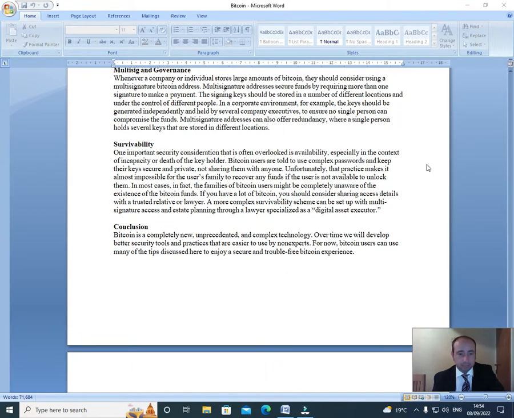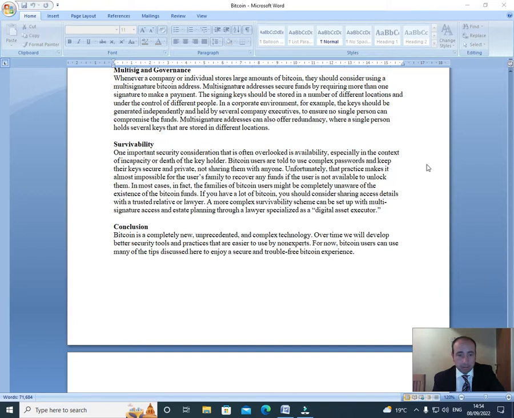Survivability. One important security consideration that is overlooked is availability, especially in the context of incapacity or death of the key holder. Bitcoin users are told to use complex passwords and keep their keys secure and private, not sharing them with anyone. Unfortunately, the practice makes it almost impossible for the user's family to recover any funds if the user is not available to unlock them.